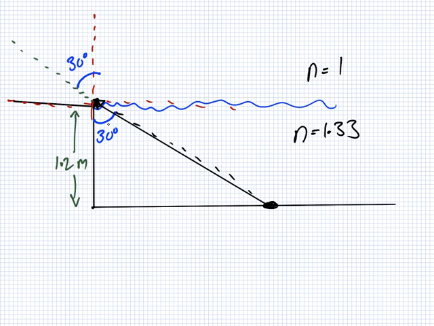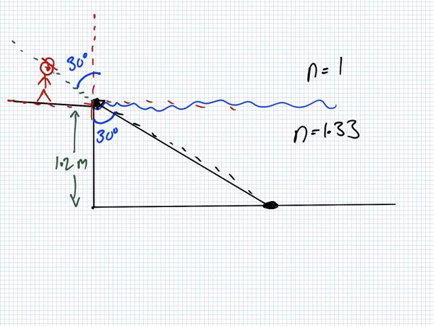But of course that doesn't happen. Although he's looking, it's coming at him at a 30. It didn't leave the water at 30 because its angle changed. We just know that it came out to his eyes at a 30. He's standing at the edge of the pool, and here's his eye here.